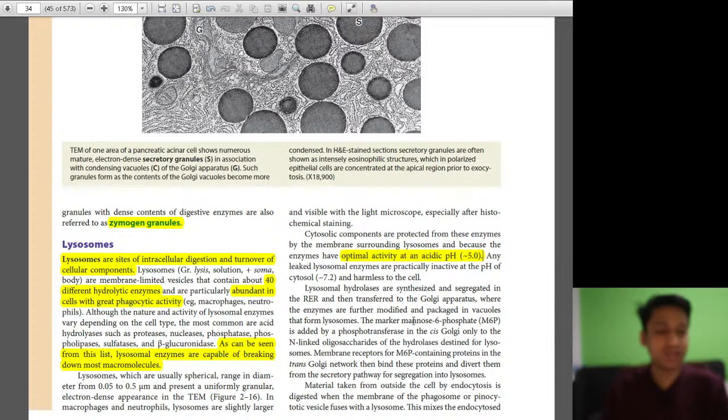The marker mannose 6 phosphate, M6P, is added by phosphotransferase in the cis Golgi only to the N-linked oligosaccharide of the hydrolases destined for lysosomes. So the marker here is M6P, which is added by phosphotransferase in the cis Golgi. This is a part of packaging.